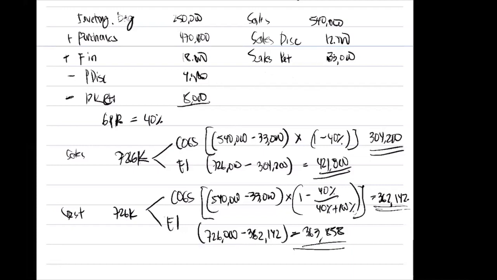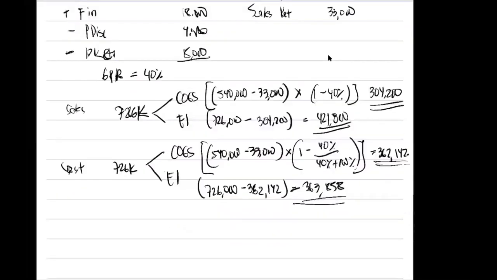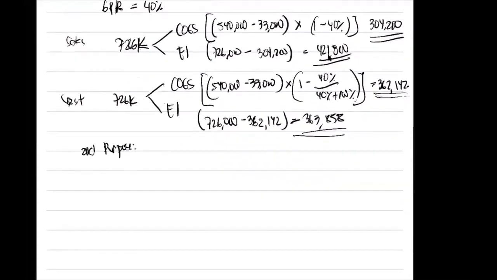So we're done with the first purpose, and that is to estimate your ending inventory based on your amount of cost of goods available for sale and get the cost of goods sold and ending inventory. We proceed now to our second purpose. What is the second purpose of your gross profit method? That is to estimate also the amount of your loss on inventory. So how do we get for this loss on inventory?